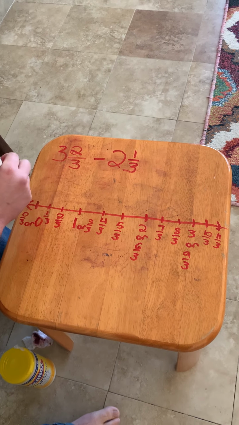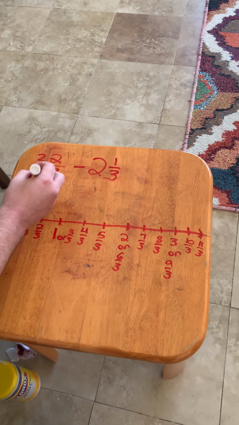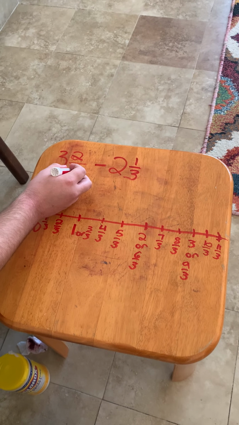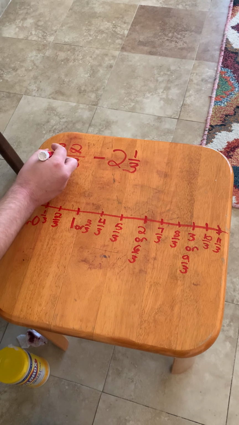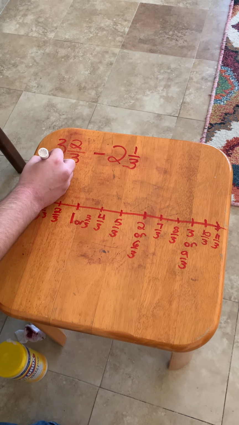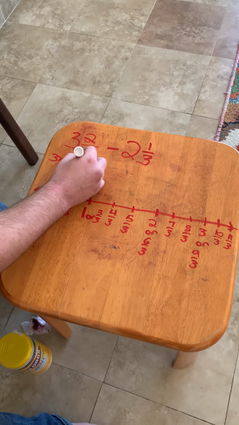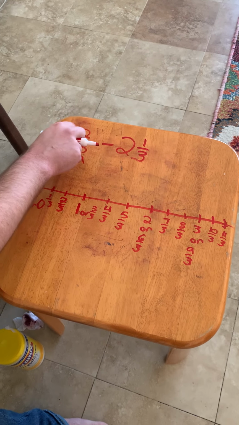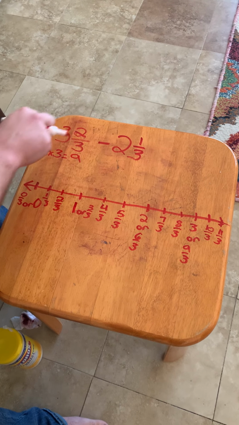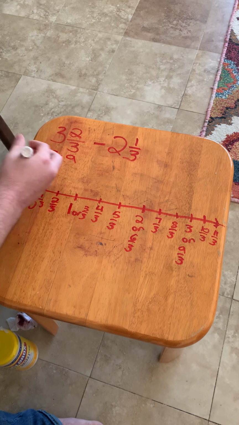Now, to make a mixed number into an improper fraction, we need to take the denominator and multiply it by the whole number. So I'm going to take these two, 3 times 3 equals 9, and I need to add this 9 up top. We're trying to take these and make them into an improper fraction.